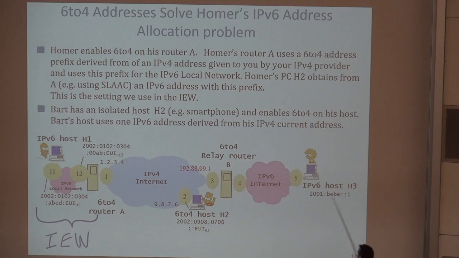And here I'm showing other addresses that are not IPv6, that are not 6to4. And this 192.88.99 IPv4 address is the address that is given to relay routers. That means to routers that are at the interface between IPv6 and IPv4. And we will see how they are used in a minute.